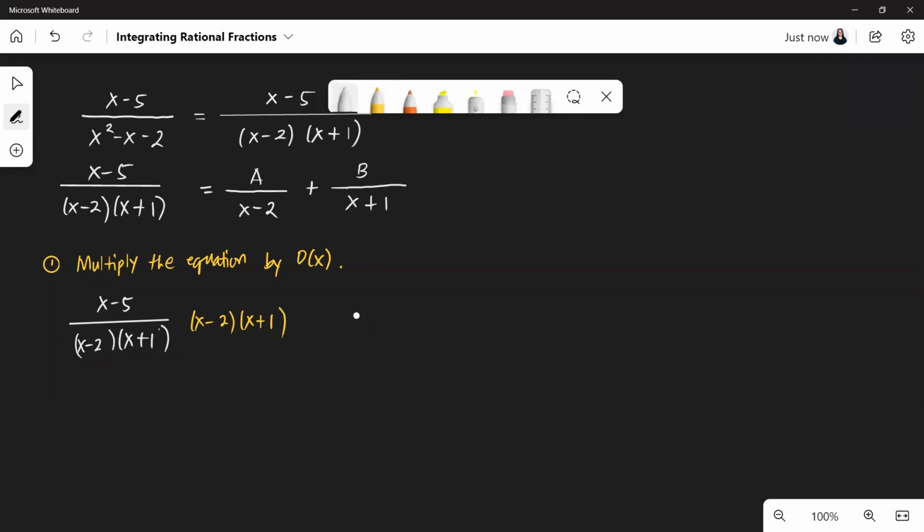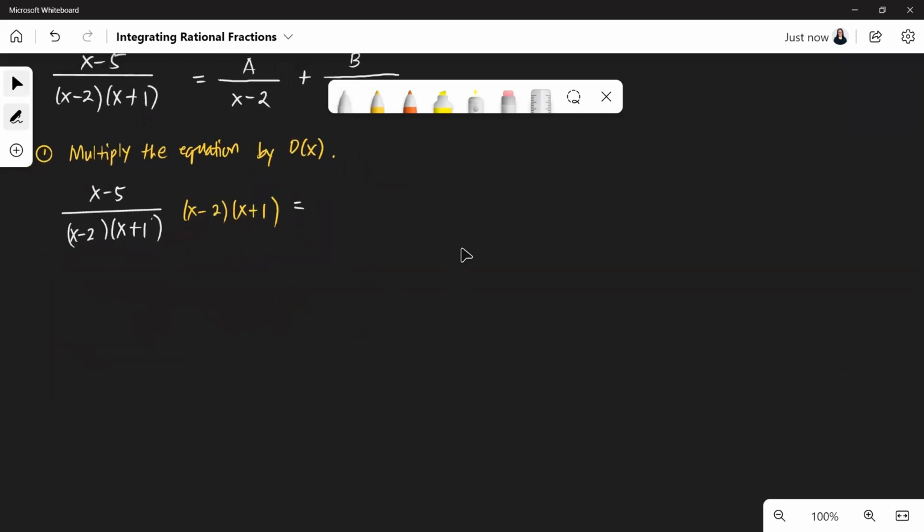You can skip this part. If you can easily picture what happens to each term when you multiply it with the denominator, then skip the part wherein you need to write x minus 2 and x plus 1, and right away put the result.